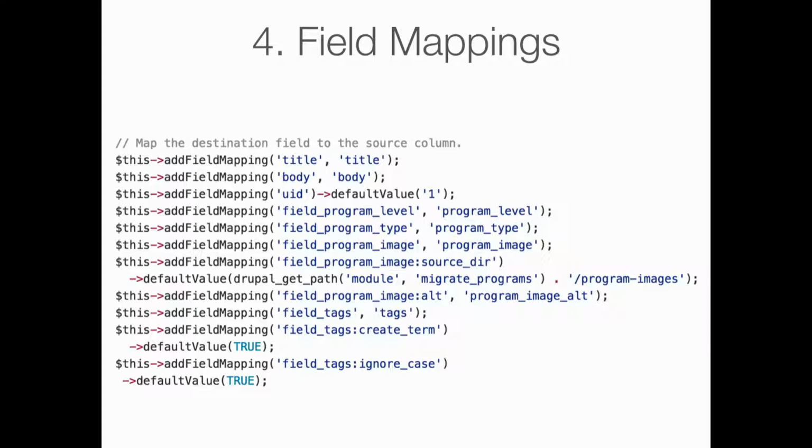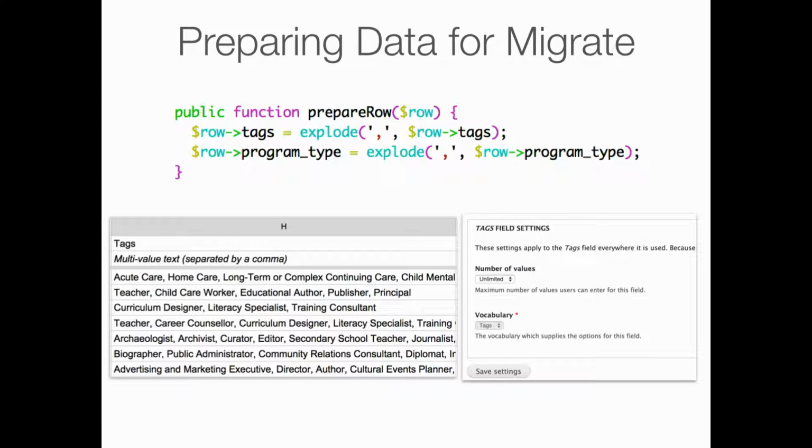And then, okay, so then we have our tags. I'm telling the migration here to create a new term when it comes across the tags, and to ignore the case. So if people use different cases, uppercase, lowercase, it should still work. And then the final thing, there's just one last little piece of code that I'm adding.